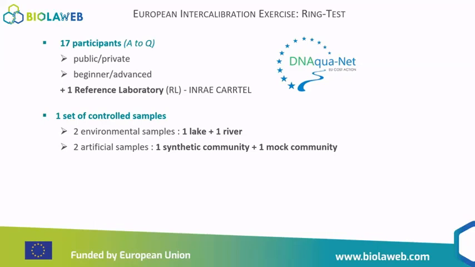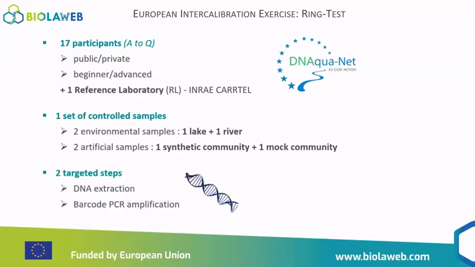And we had also a mock community. That means that we mixed DNA from different strains, and we knew which were the strains that were inside the mock community. Okay, so we have these 4 samples, and we targeted the 2 steps, as I said previously, so DNA extraction and PCR barcode amplification.